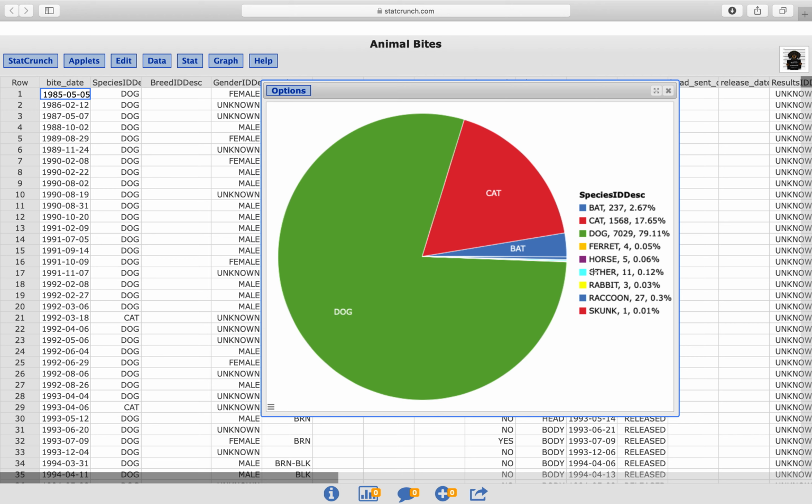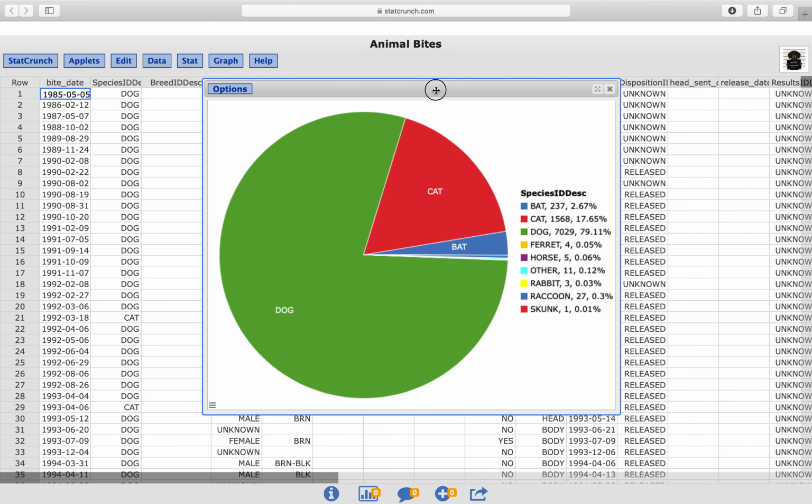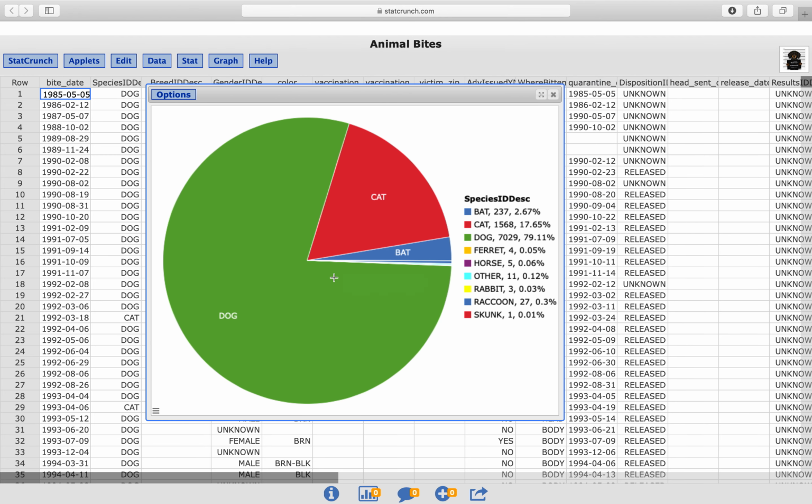So that's how much each of these were of the total. Out of the total, there were 7,029, or about 79%, that were dogs. The pie chart gives us a good idea of how many we have out of the total. So when we want the percent of the whole, we're going to use a pie chart.